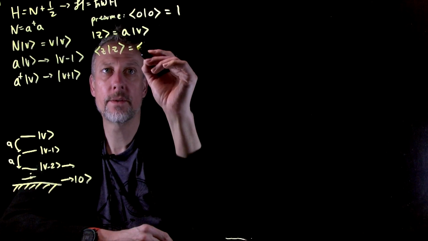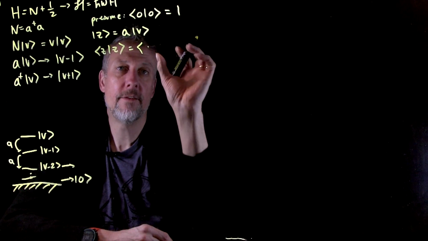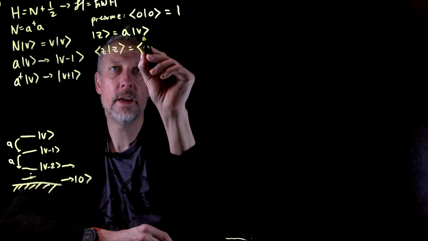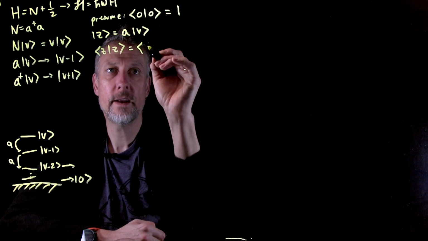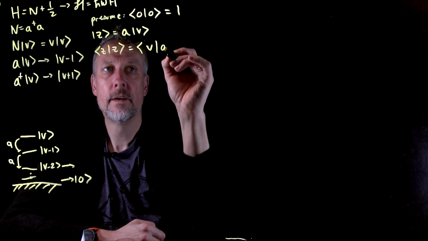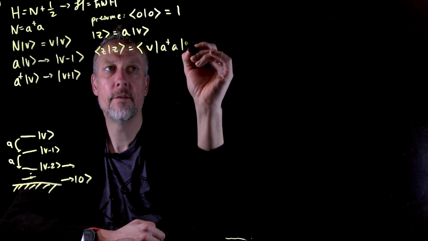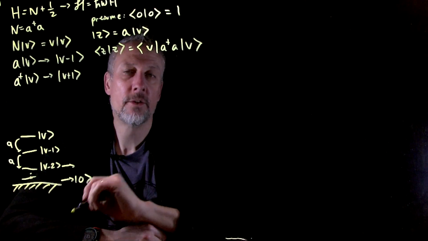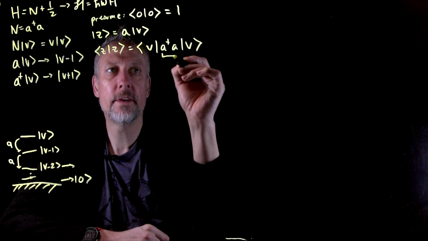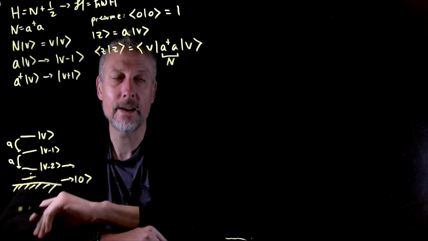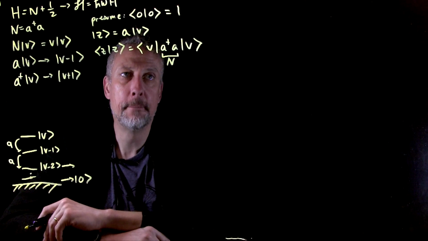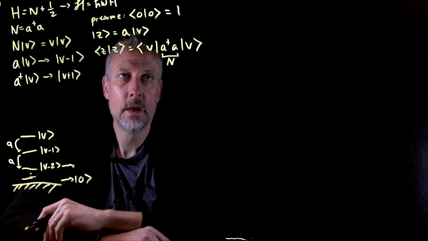That's equal to, by following our Dirac rules, we switch the v from a ket to a bra and A to A dagger. So we have v, A dagger A, v. The first thing you probably notice here is that this is N, and we'll come back to that later. So that's step 1.